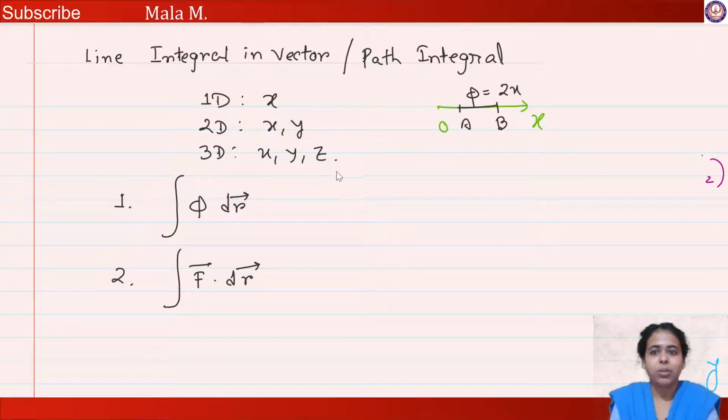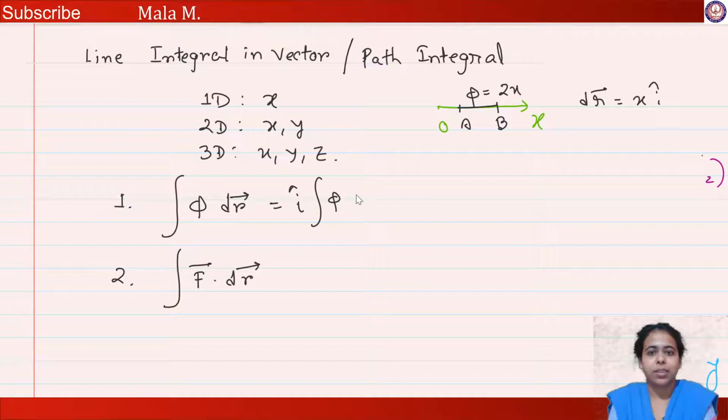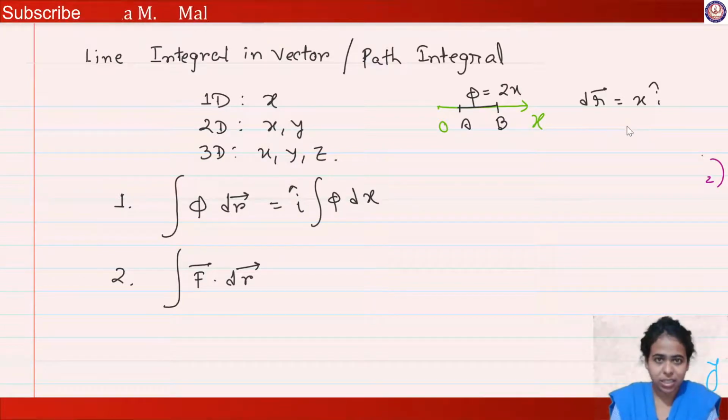And now in 1D, simply this dr will be dx i. And when we are integrating the scalar function, i will be outside the integration because i is not integrable. It is constant with change of x.